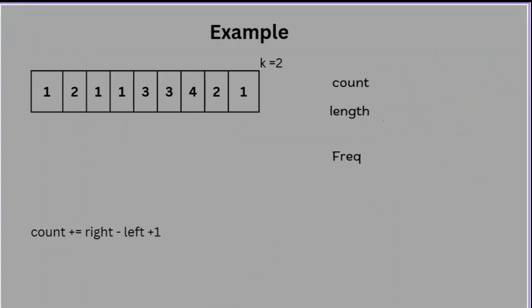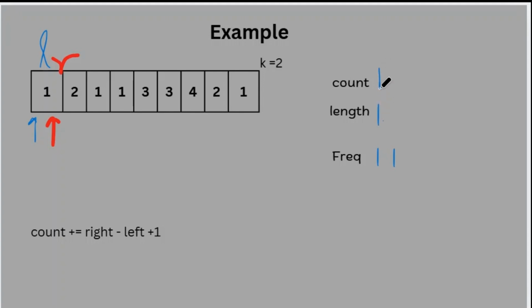Now this is the next example. Initially, left and right both will be pointing towards the same element. Count is 0, length is 0 initially, and the frequency table is empty initially. So now the frequency table gets a new value added, which is 1, which occurred 1 time. Length will be changed to 1.